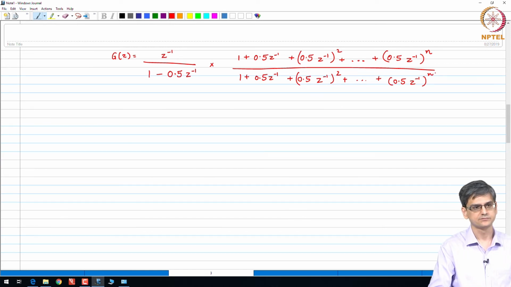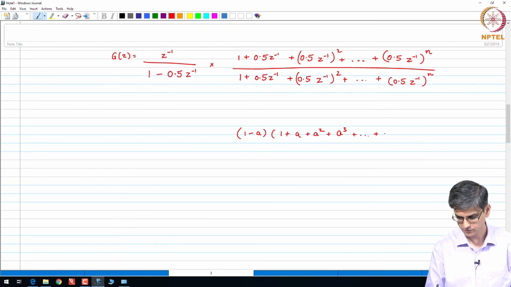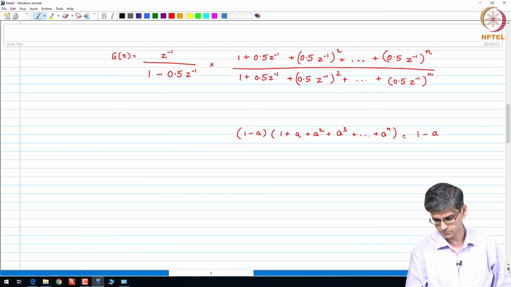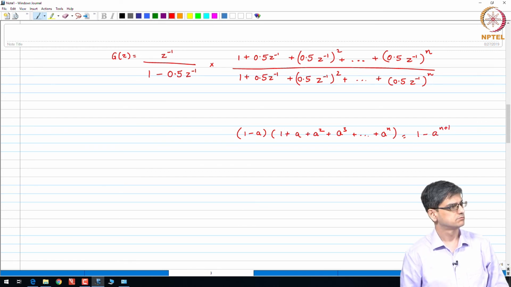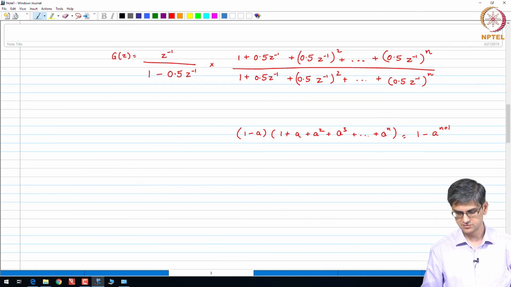What do you get? What do you get in the denominator? What is this equal to? What is A over here? 0.5 z inverse. Okay.